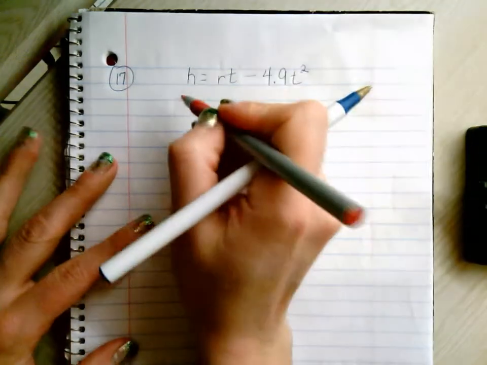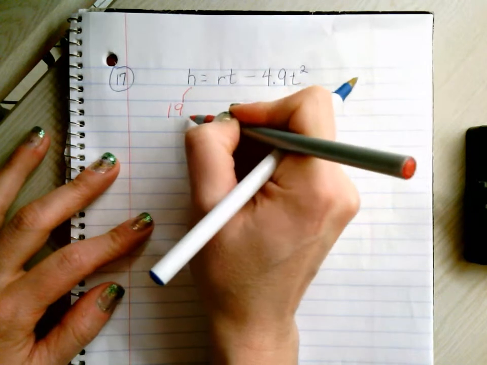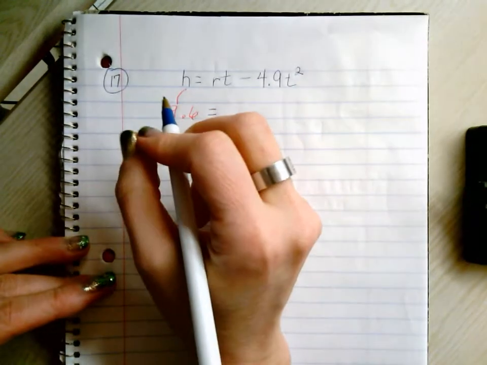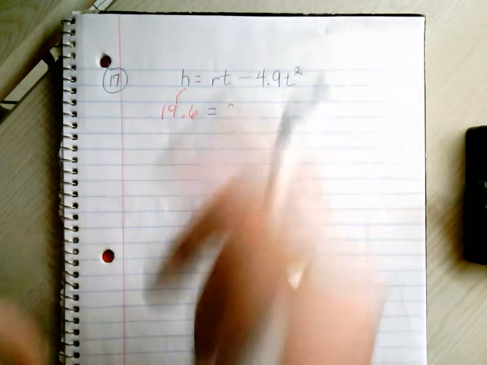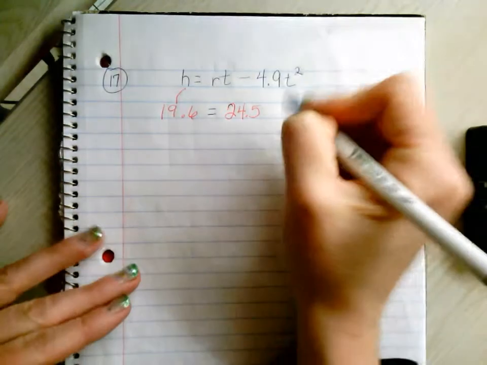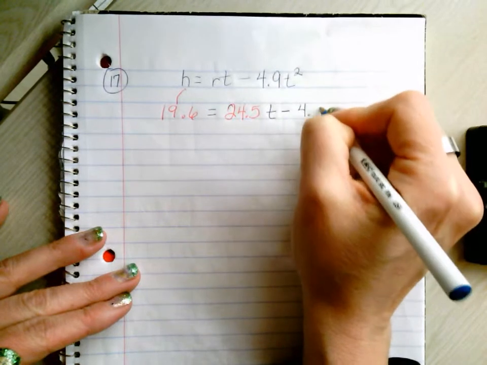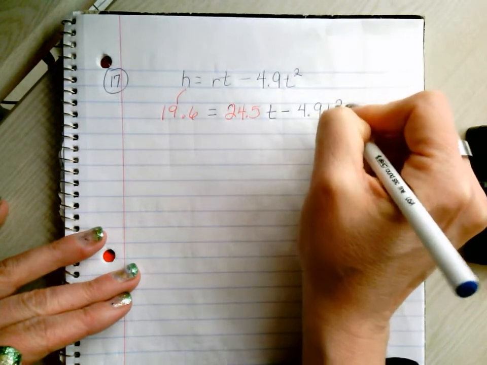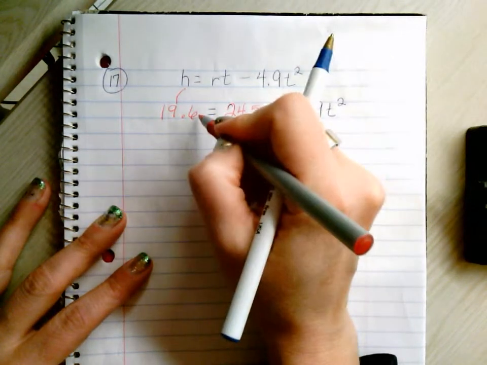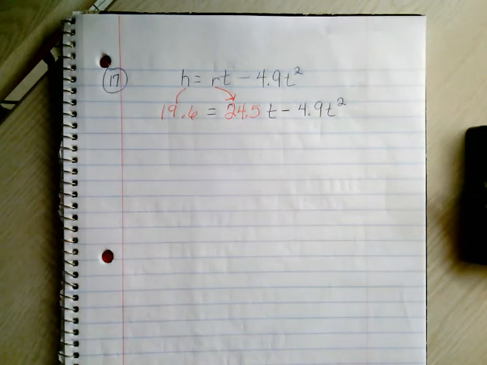So the height of 19.6 will be achieved at a rate of 24.5 multiplied by time minus 4.9 time squared. Okay? The 19.6, the rate, and we're going to solve it.